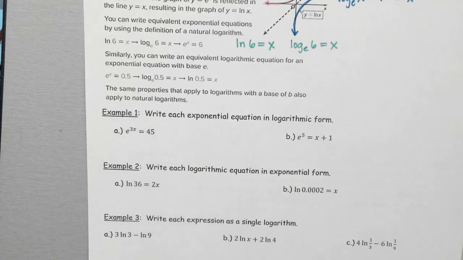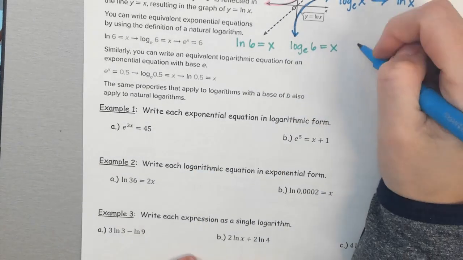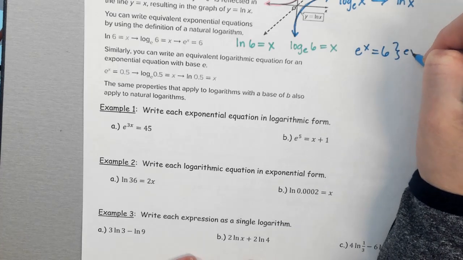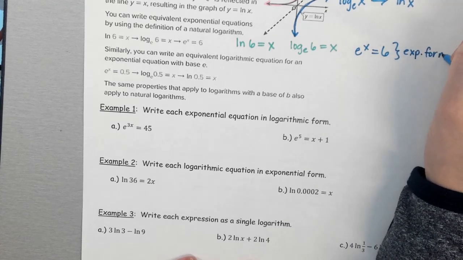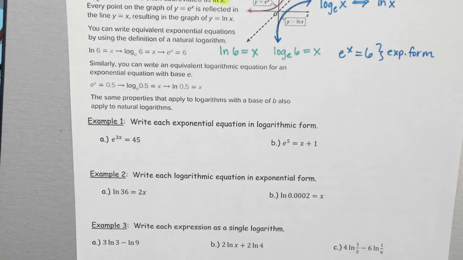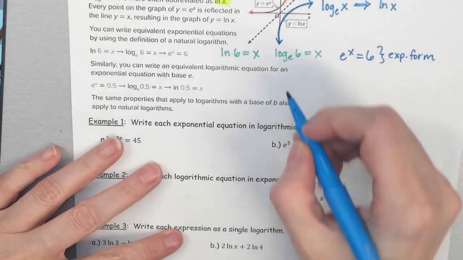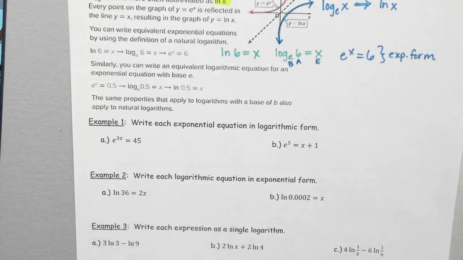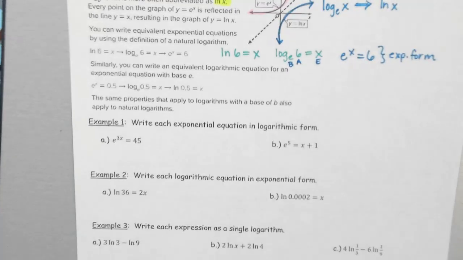Remember your base, your answer, your exponent. Our base is e, so we can write it as e to the x equals 6. This is your exponential form. We can also go in the other direction.